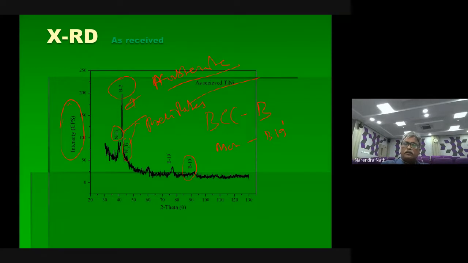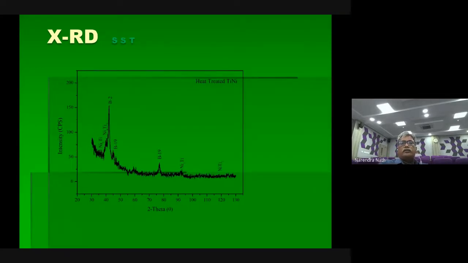Suppose I heat treated that, with solid solution treatment at 800 to 850 degrees centigrade. Now you see, are there any changes? The intensity was reduced here.